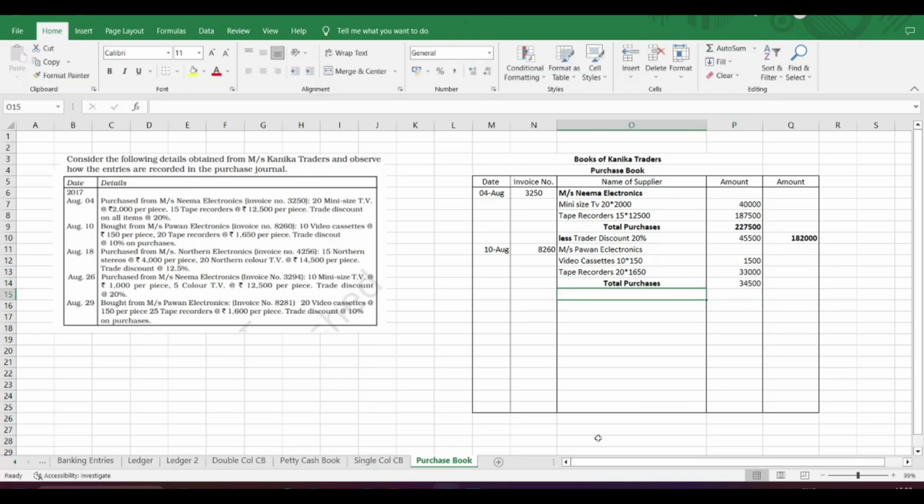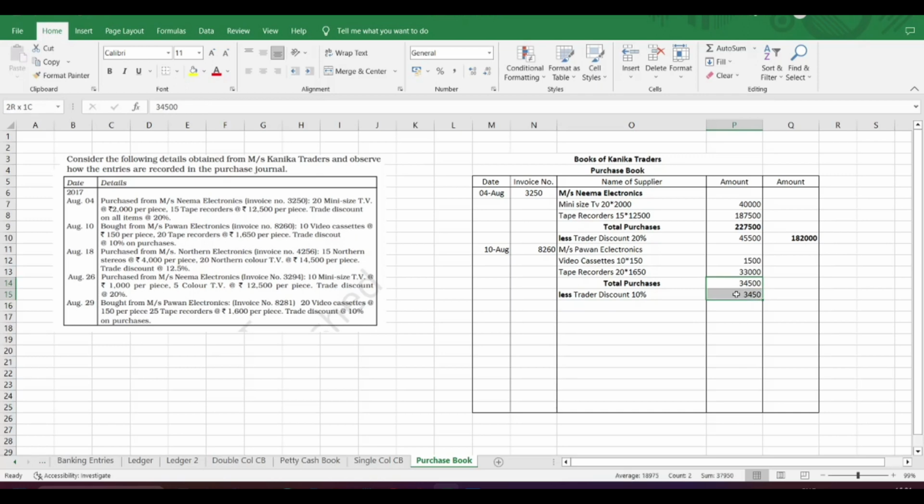From this, they are allowing us trade discount of 10%. So on total purchases, 34,500 into 10%, 3,450 discount they are allowing us.